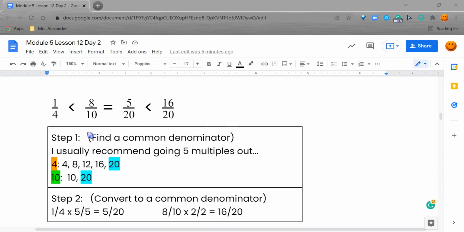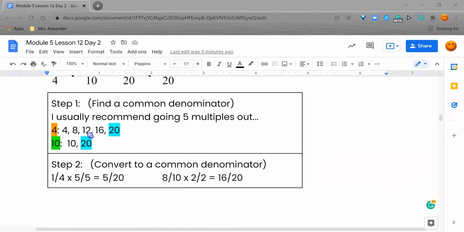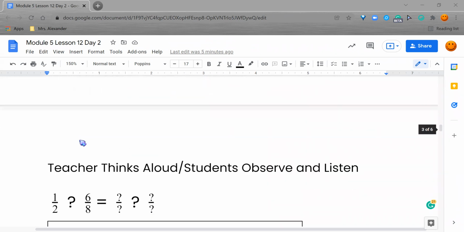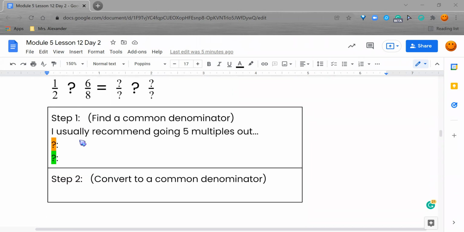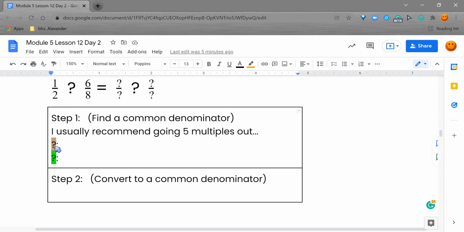Let's keep going. This is another one we did yesterday. Here's the teacher, so you're going to watch. We have 1/2 and 6/8. Which one is bigger? I'm going to look at 2 and 8. Right here I'm going to count by 2: 1, 2, 3, 4, 5.